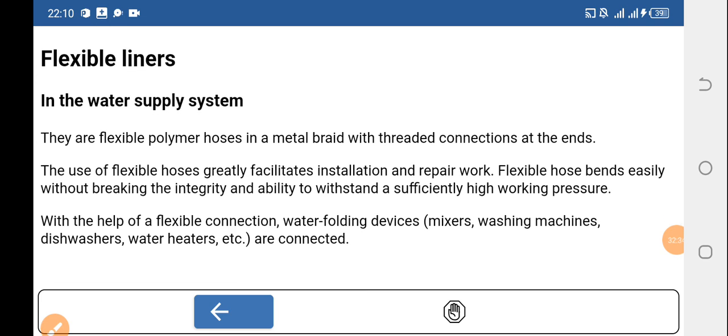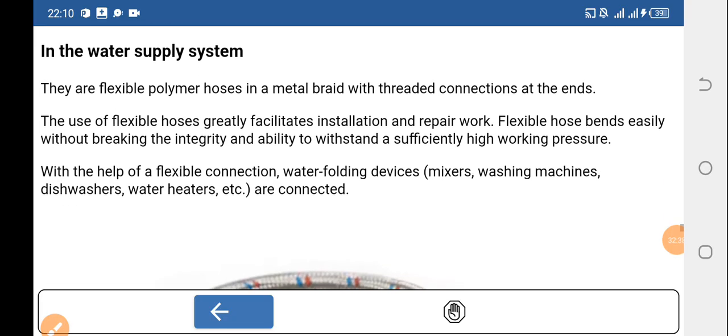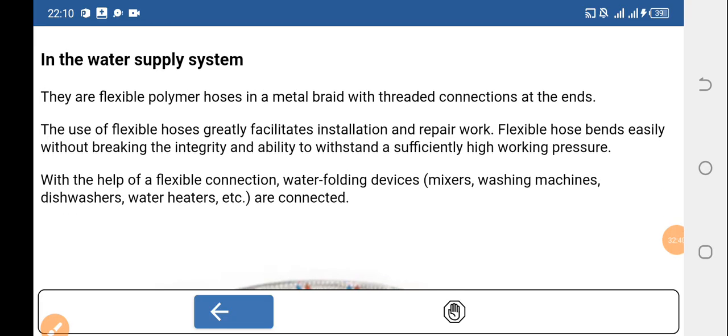Okay, so flexible liner in the water supply, they are flexible polymer hose in a metal braid and threaded connection at the end. The use of the flexible hose actually greatly facilitates installation and repair works.